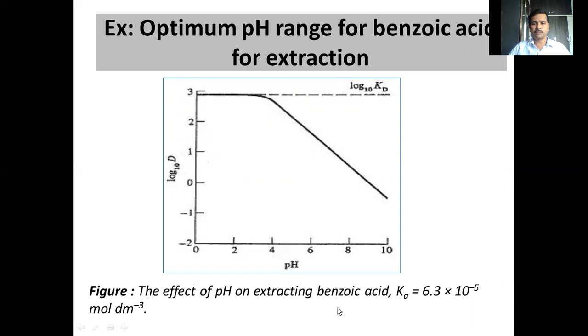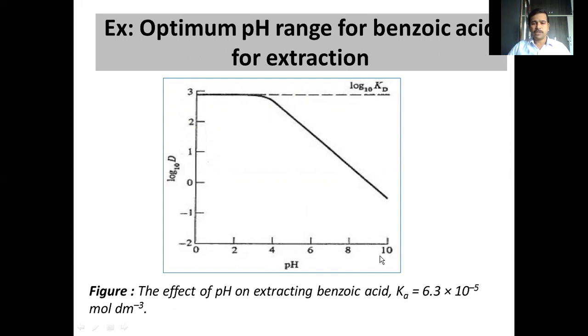This has been explained by means of this particular curve, taking the example of extraction of benzoic acid. Benzoic acid has a dissociation constant of 6.3 into 10 power minus 5. So what is the optimum pH range for extraction of benzoic acid without affecting the value of D?